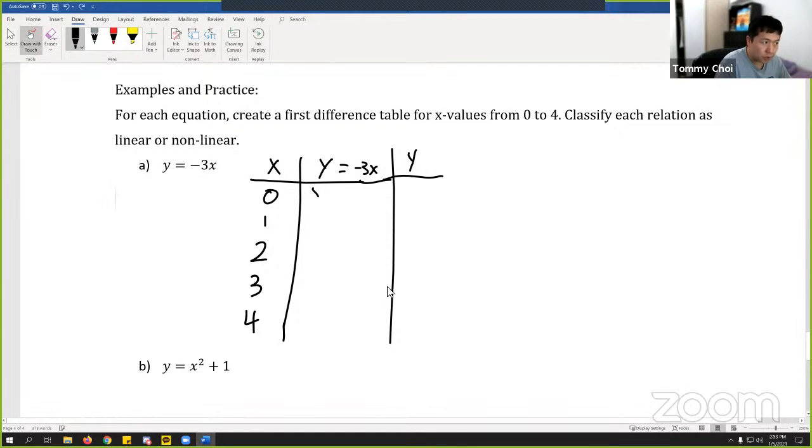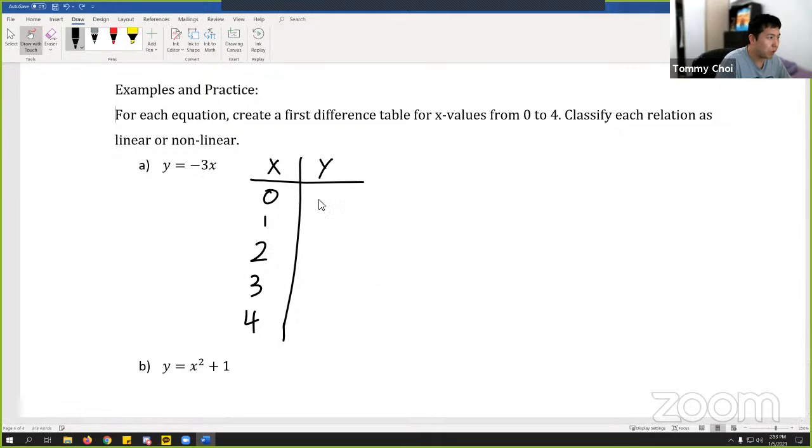Or if you don't like doing that and you want to keep it plain and simple, you plug it into the equation and you can just write your answer. Whichever way you want, I'm okay with that. I'm just going to write down and show my work here so that no one gets confused.